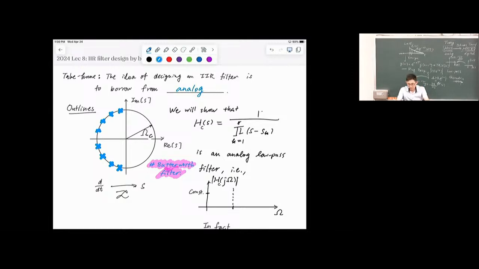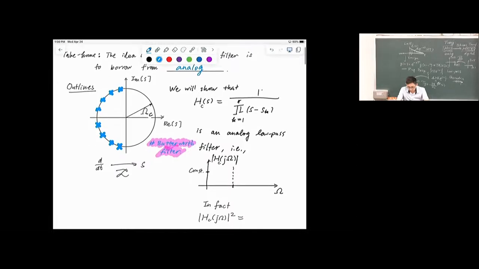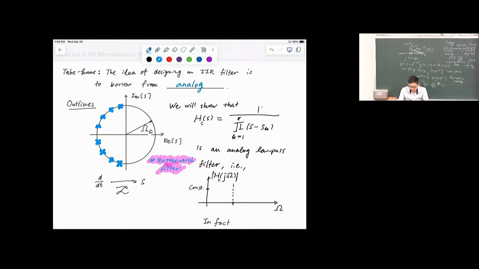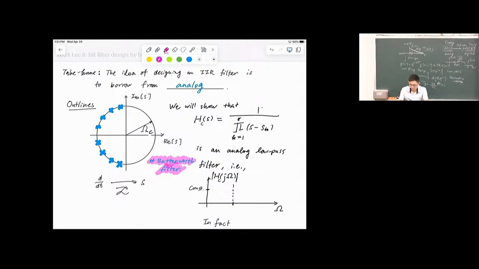How do we do that? Here is an example. Surprisingly, it gives you a low-pass filter which has a lot of nice properties. Let me slowly explain. The analog system here is characterized by its system function, expressed like that, where C denotes continuous.